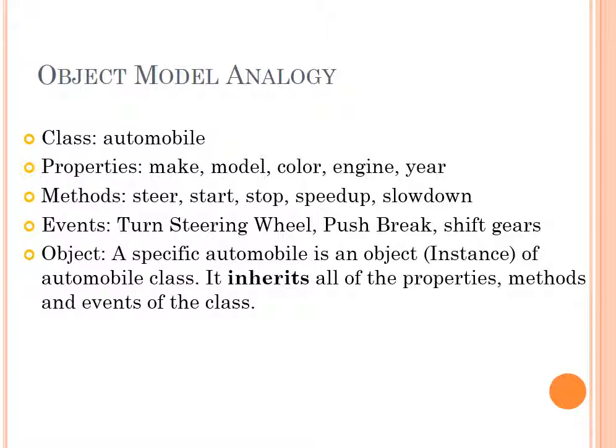And that's just kind of a future view of things. For right now, it's just important to remember that when you create a new object in computer programming, it inherits all the properties, methods, and events of the class of things that you're creating from. So if you want to know how to use it, what do you have to know? Well, you have to know the properties, methods, and events. That's called computer programming in Visual Basic.